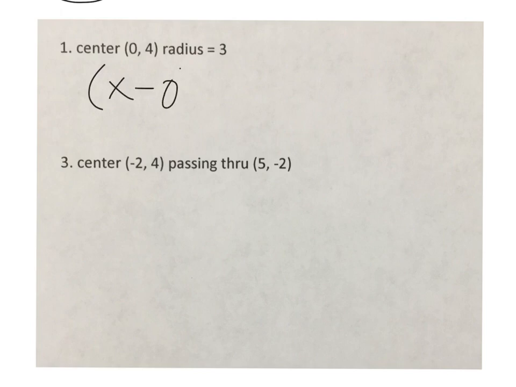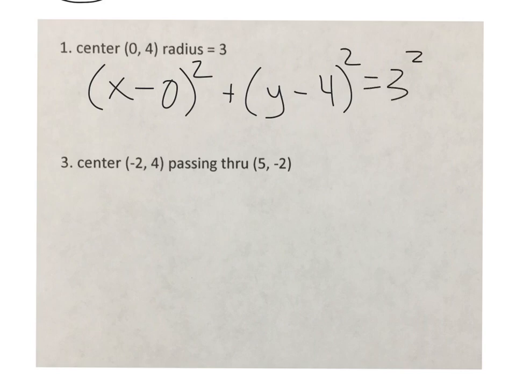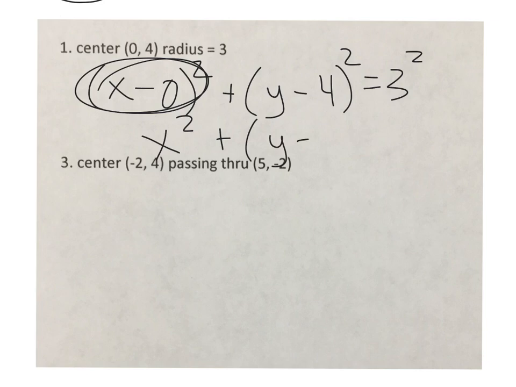So x minus 0 squared, we replace h with 0. Sorry. y minus 4 squared equals 3 squared. And with a wee bit of simplification, this whole entire thing can just be x squared. This remains y minus 4, and 3 squared is 9.